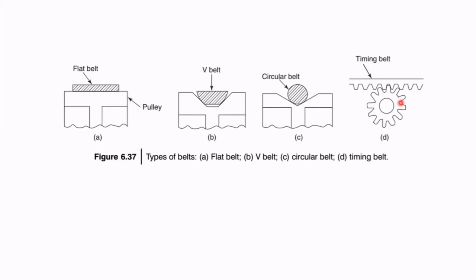So this is a pulley with teeth, and the belt also has teeth, like a rack and pinion mechanism, but the belt is made of rubber. This is called a timing belt, which avoids slip between the pulley and the belt. It is used for low power transmission, but for accurate transmission without slip, meaning positive displacement.